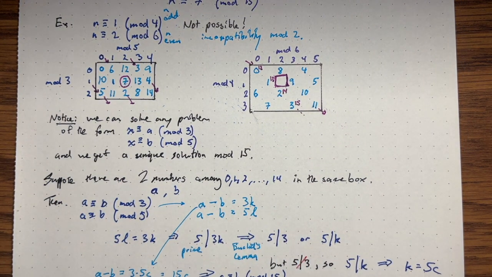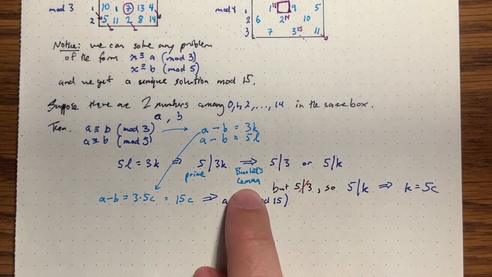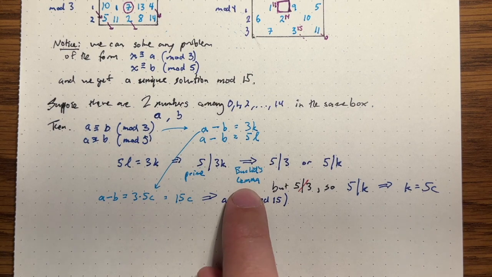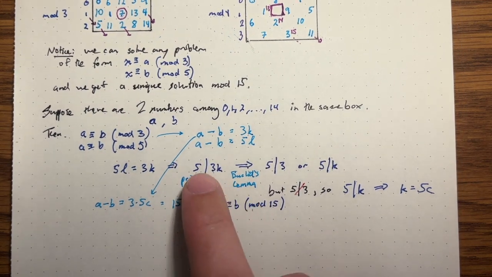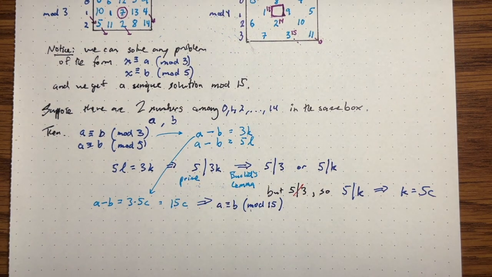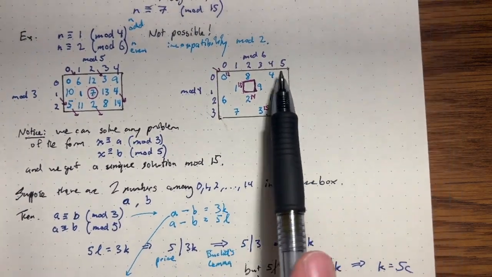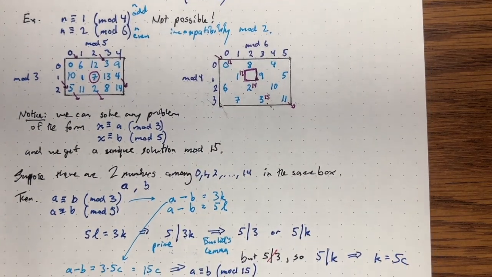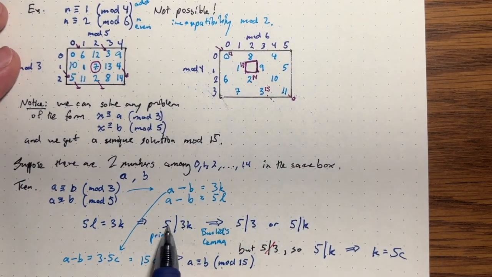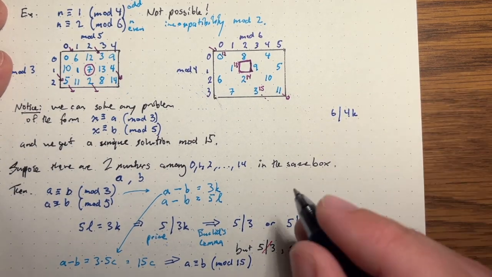But what did we use? We used this very powerful statement, Euclid's lemma. Euclid's lemma says if a prime divides a product, it has to divide one or the other factor in the product. That's exactly the part of the argument that breaks down when we have this box. Okay? If we got to this point, we would conclude 6 divides 4k.